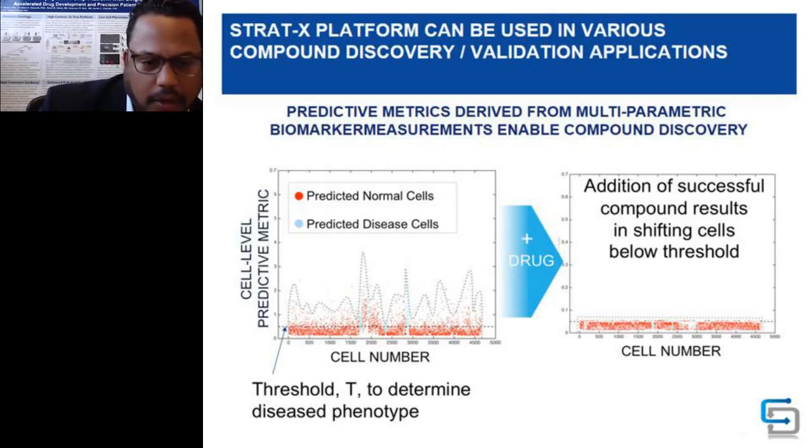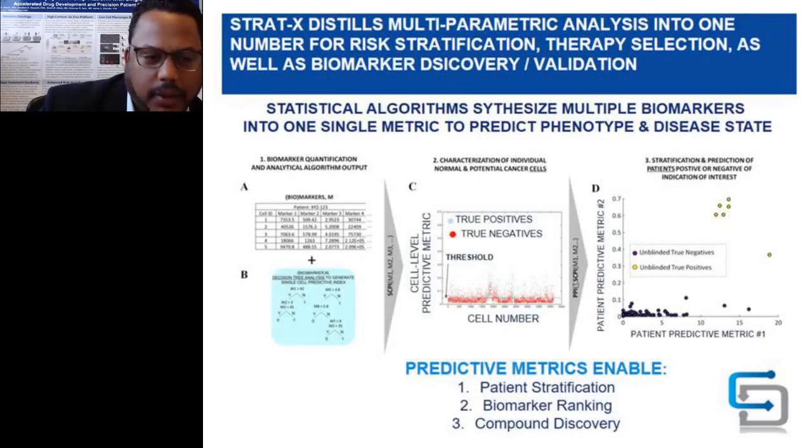So similarly, we can place this general concept of single cell resolution and translating that information into a patient level prediction into other types of useful analyses, specifically within drug development.